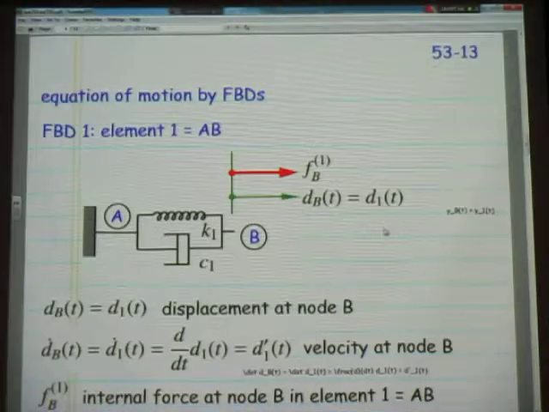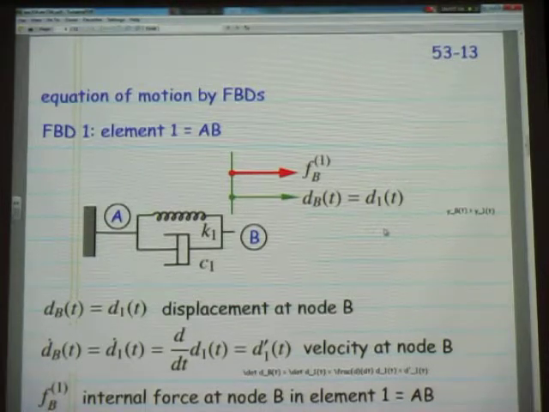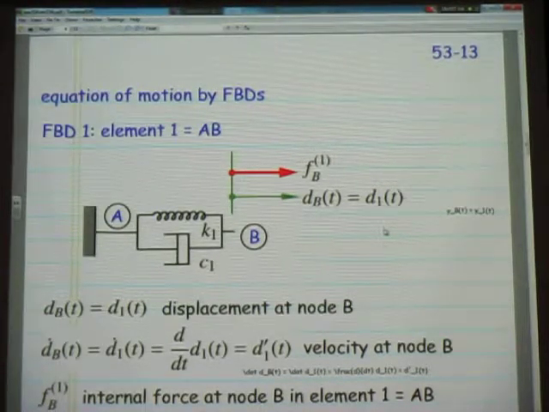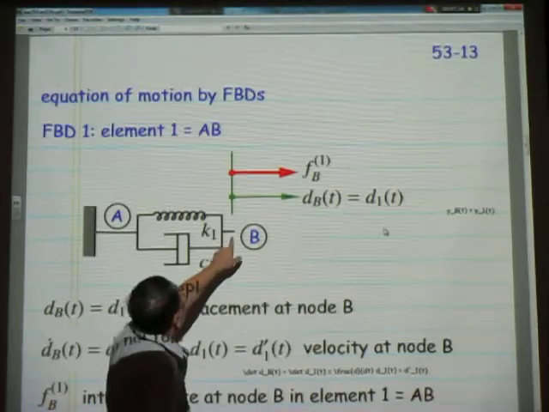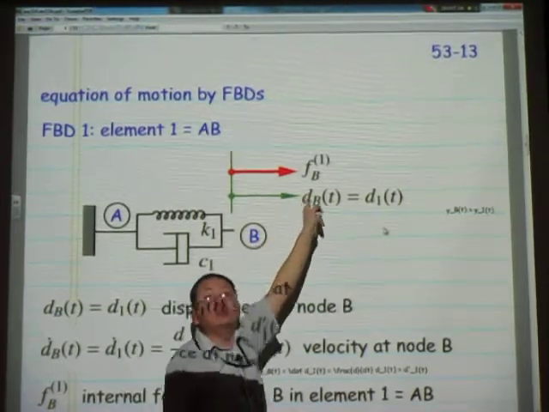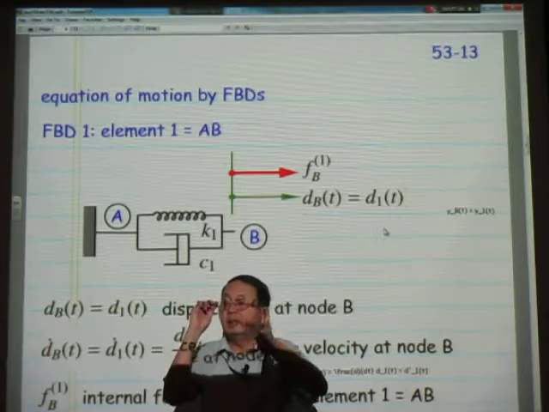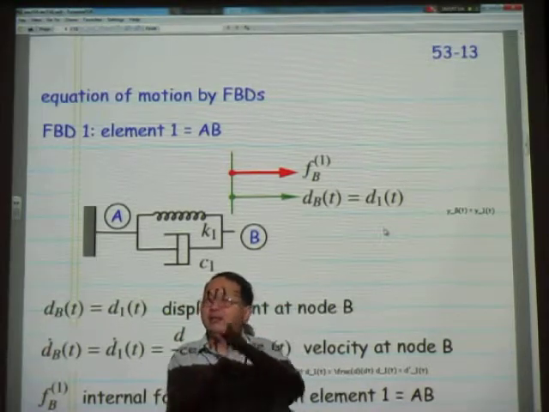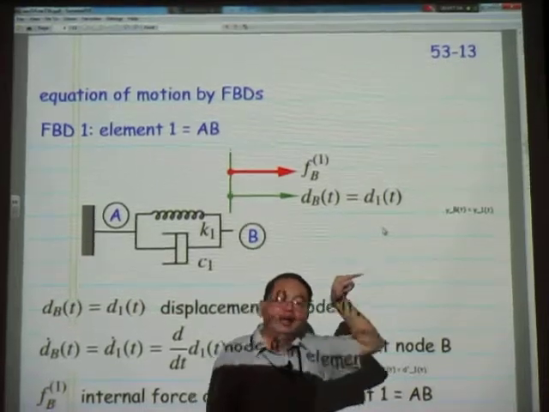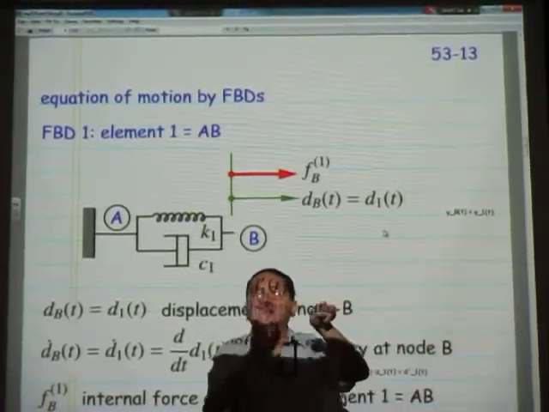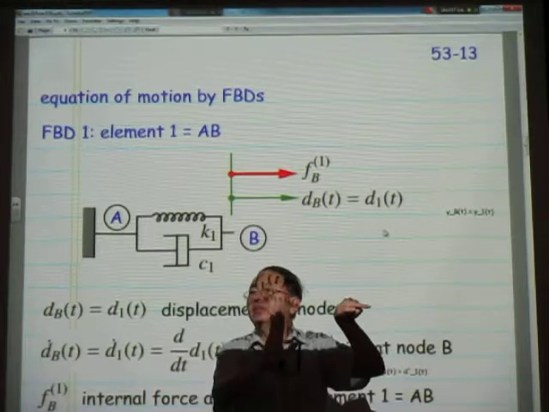Therefore, if you cut through and remove the mass at B, over here there must be an internal force. You need to replace at the cut an internal force. And there's only one internal force, in the horizontal direction, because we said that there's no motion in the vertical direction.